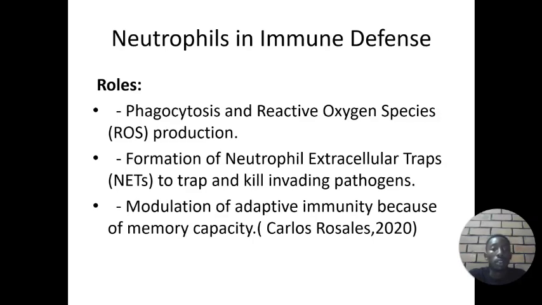Another is the formation of neutrophil extracellular traps, which are used to trap and kill invading pathogens. Another is the moderation of adaptive immunity because of the memory capacity of neutrophils.